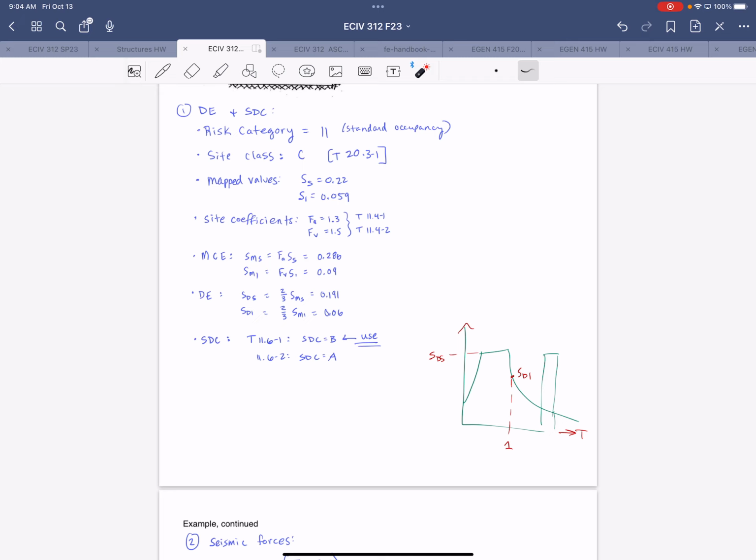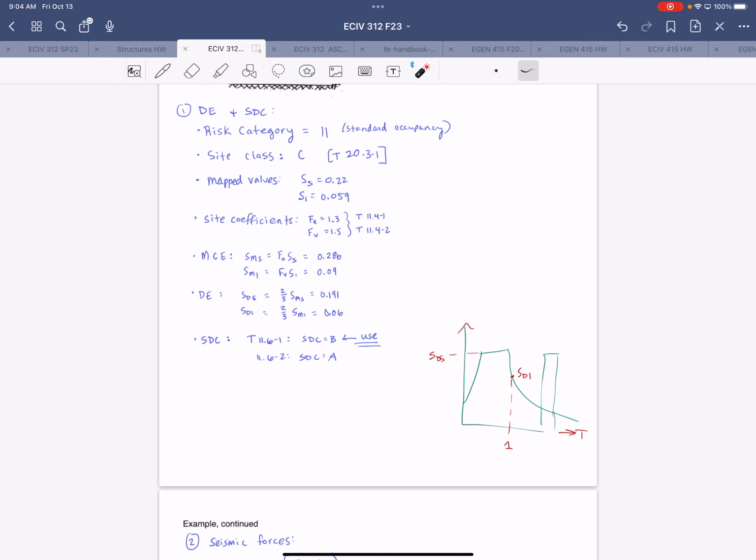That said, there are certain circumstances when we can't use that method and we have to use a more accurate dynamic analysis. But those dynamic analyses are a lot more complicated, more involved, and a lot more expensive because they take a lot more computer power.